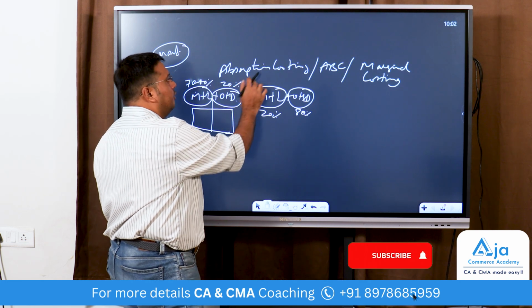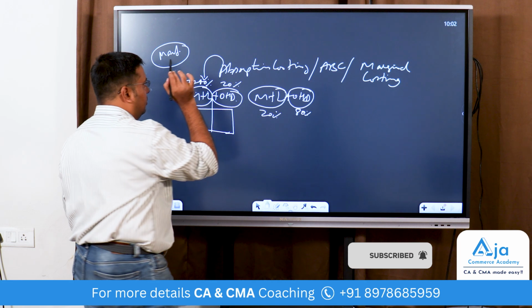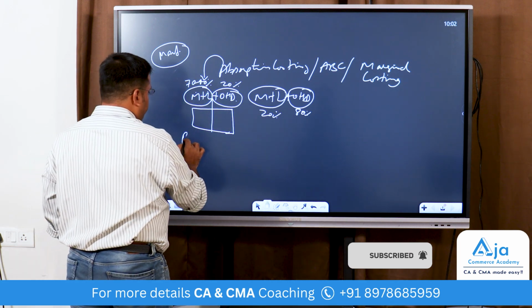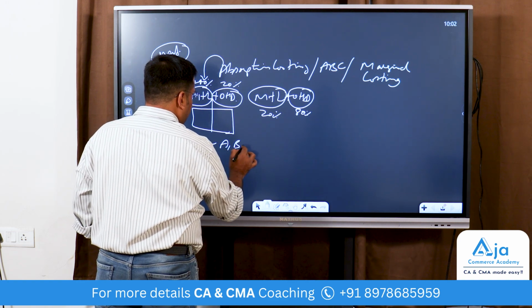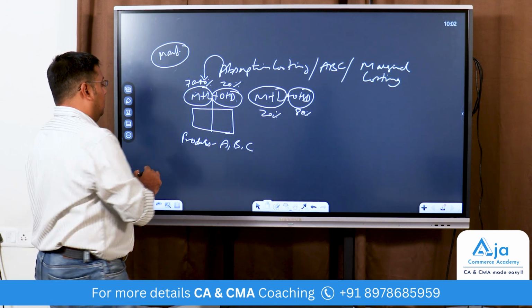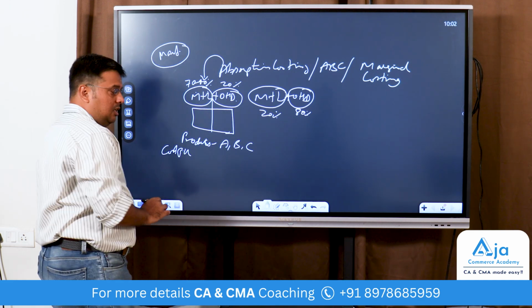Now what does it mean? In the world of absorption costing that existed, suppose I have my products A, B, C. How do I write the cost per unit for A, B, C?